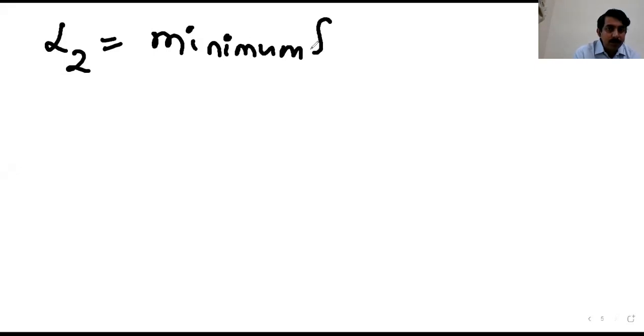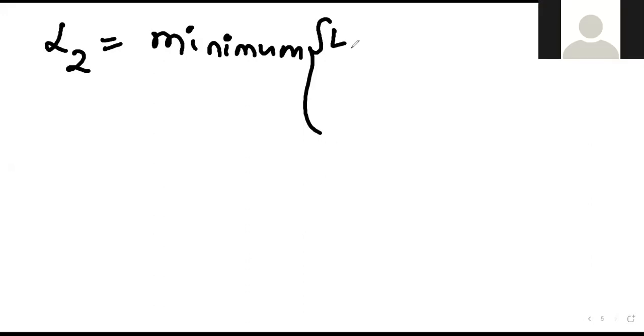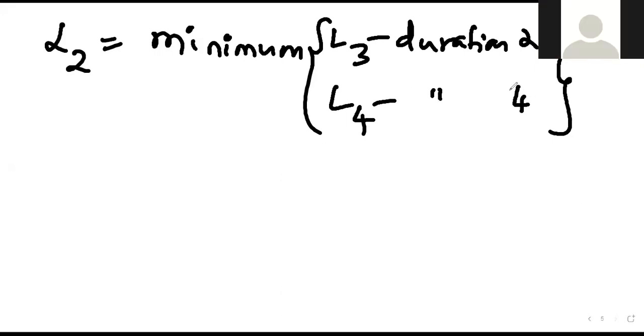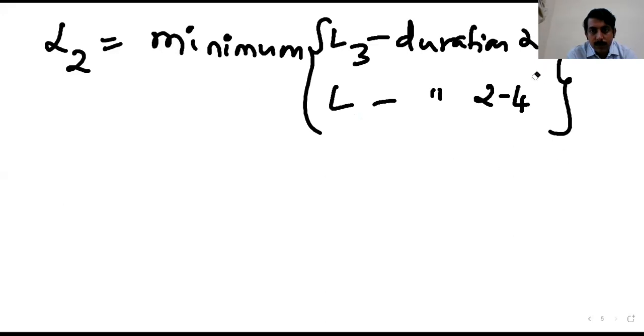Minimum of L3 minus duration of 2 to 3 and L5 minus duration of 2 to 5.